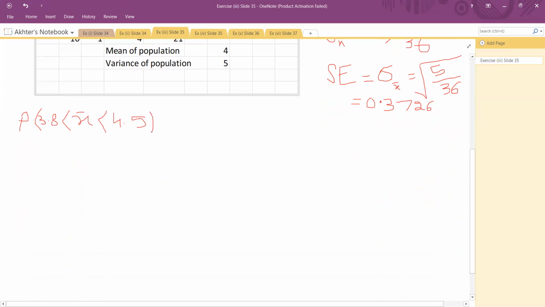Now we have to convert this into Z, then use the normal probability table to find these probabilities.